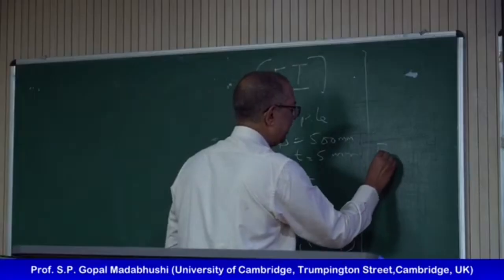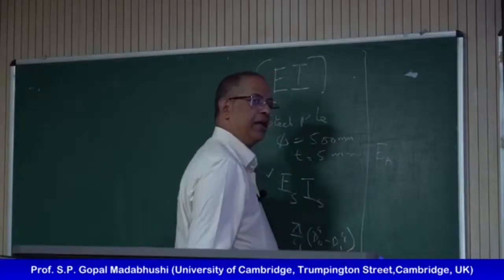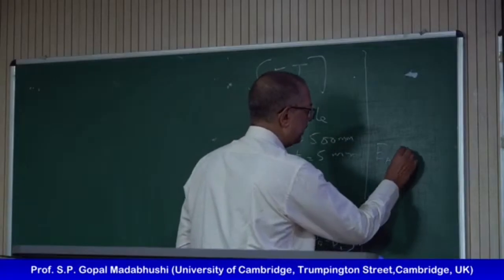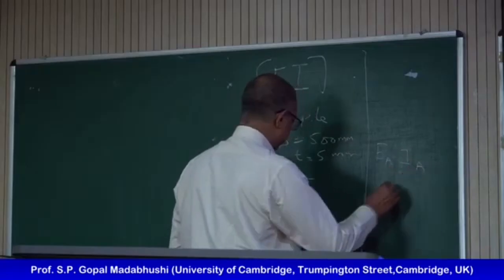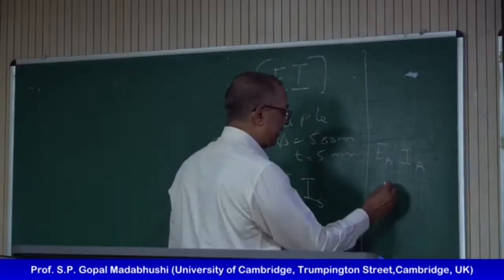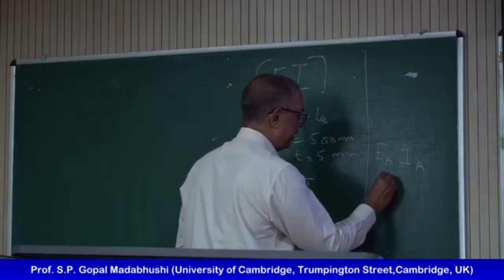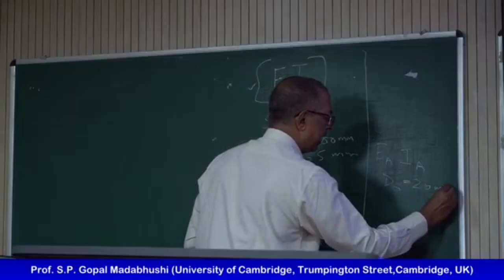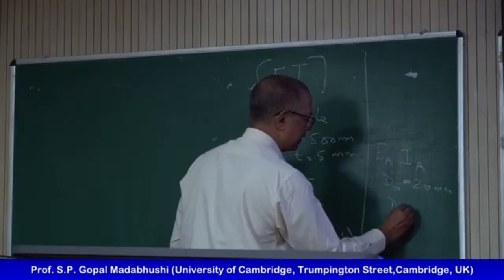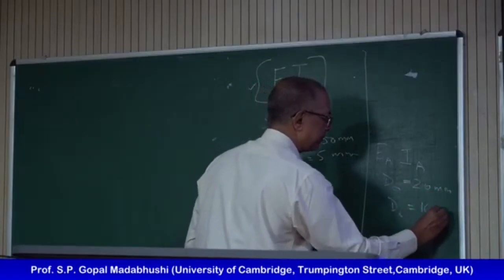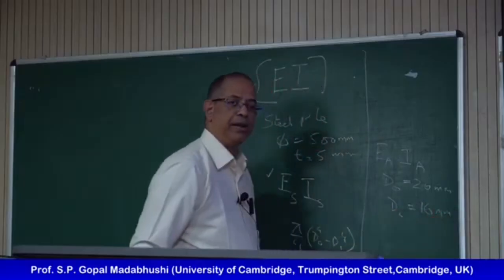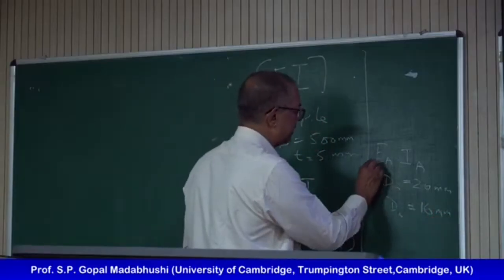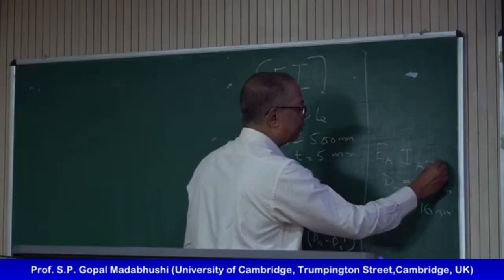So E aluminum and I of the aluminum pile, but my pile let's say is D outer 20 millimeters and D inner 16 millimeters. So I can work out this and this will be at model scale.